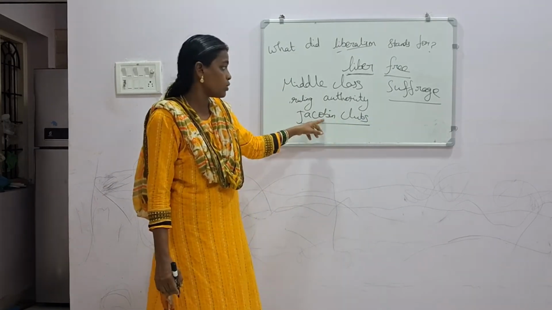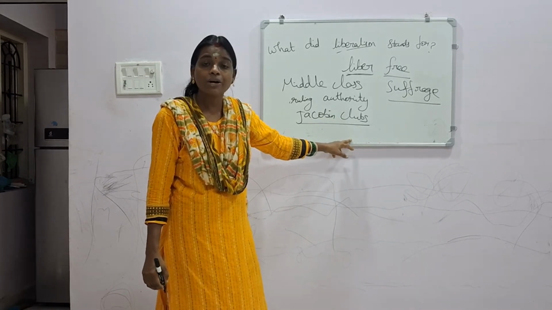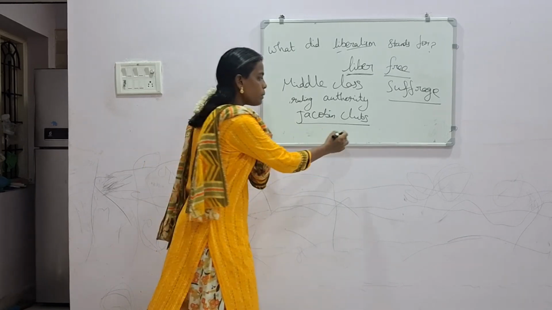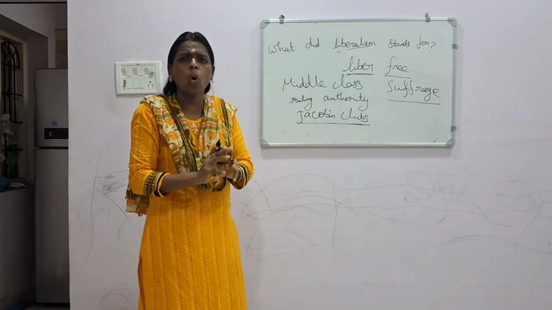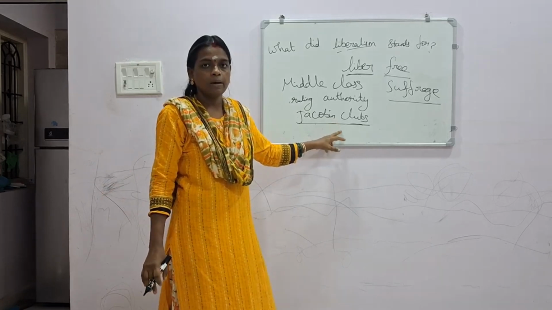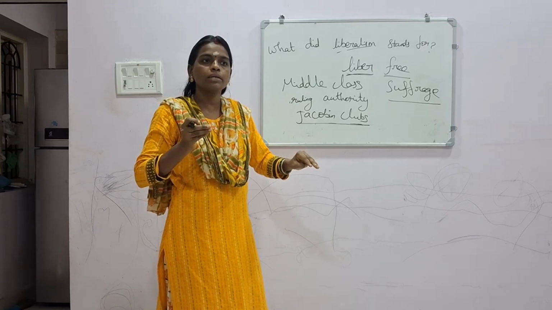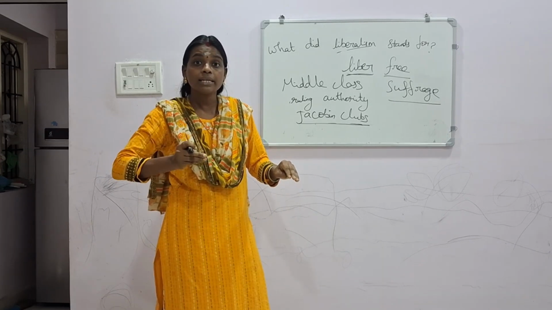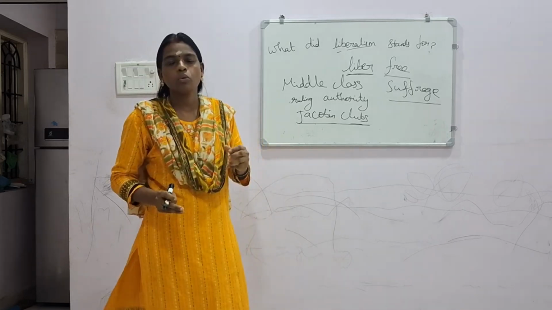These Jacobin clubs had given the voting right to all the men. But due to the Napoleonic Code, that right was reduced. The voting right was only given to the men who owned property.